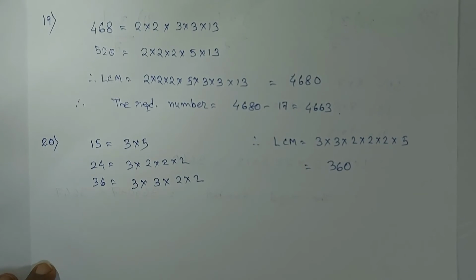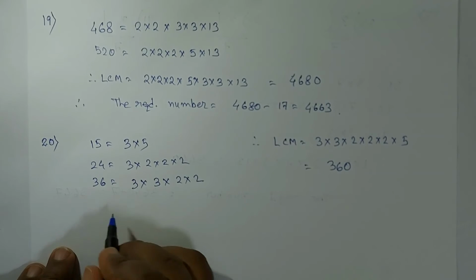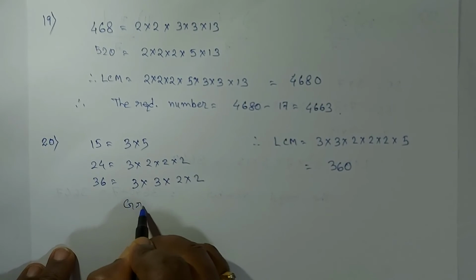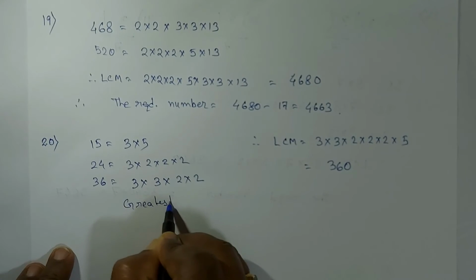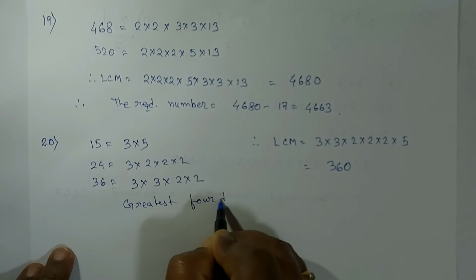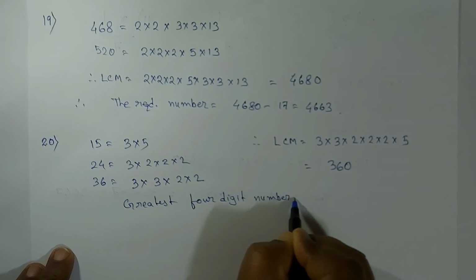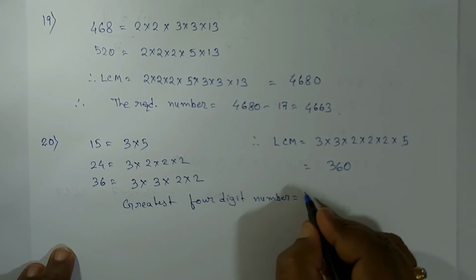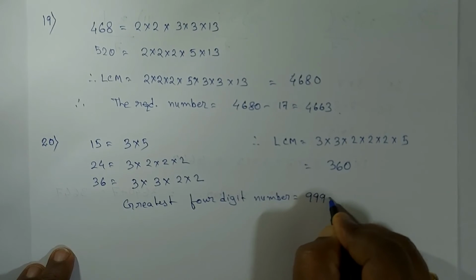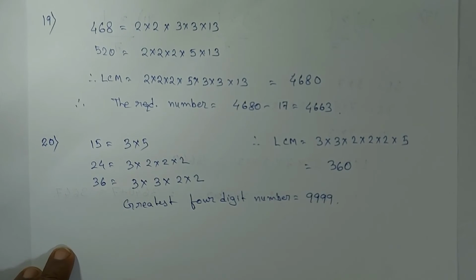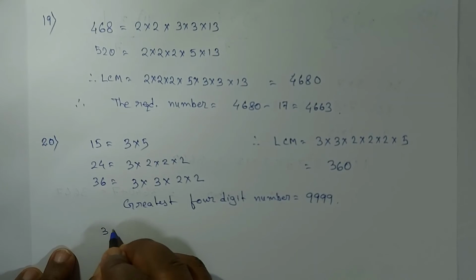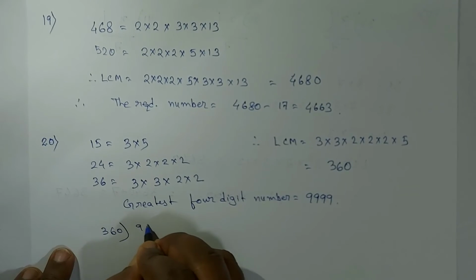Now the greatest 4 digit number is equal to 9, 9, 9 and 9, four nines. Now let's divide these four nines by 360.